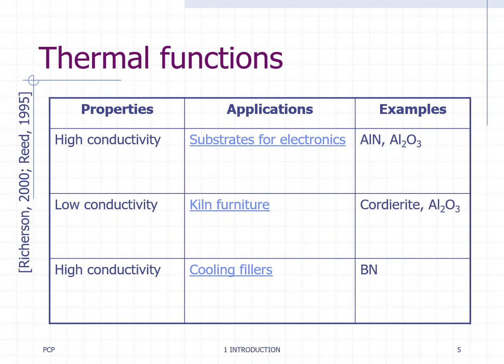Thermal functions are related to high or low conductivity. Typically, high thermal conductive ceramics such as aluminum nitride are used in substrates for electronic applications, and thermal insulators of cordierite, for instance, are used as kiln furniture. Curiously, a single ceramic material as alumina might present either high or low conductivity.